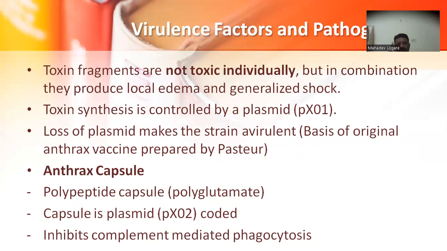Now the second virulence factor is the anthrax capsule. The capsule is made up of polypeptide, that is polyglutamate, and it inhibits complement mediated phagocytosis.